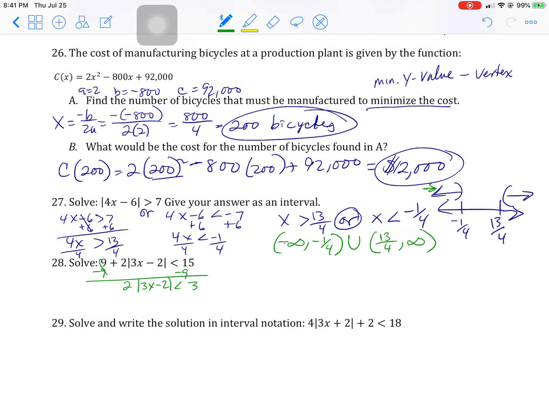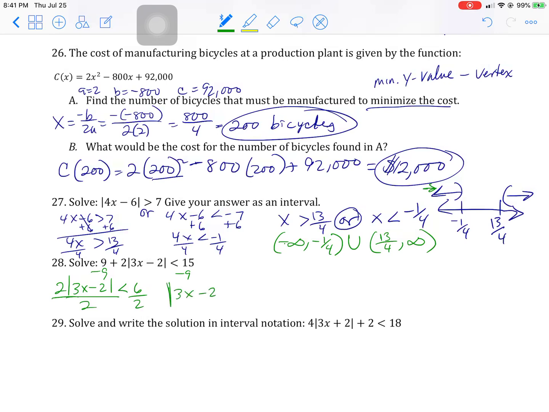I'm sorry, I'm looking at my key here to make sure I did this correctly. Hang on. Negative 9, negative 9. 2, 3x minus 2 is then equal to 6 divided by 2. That's where I'm going.